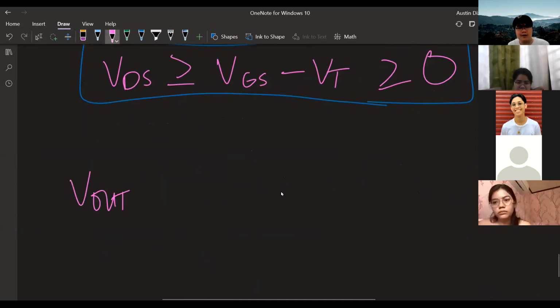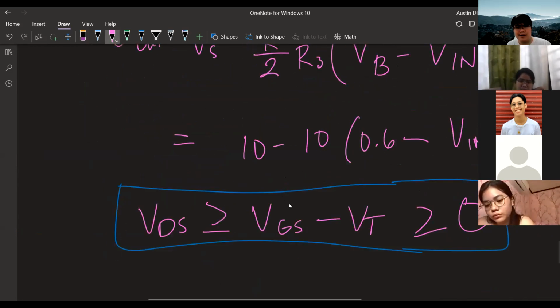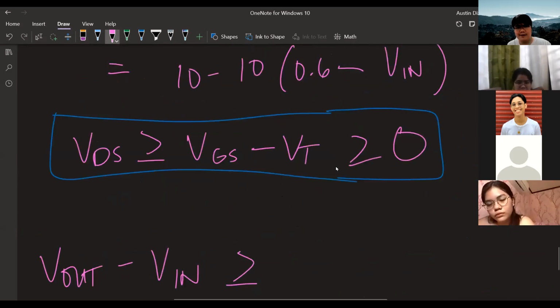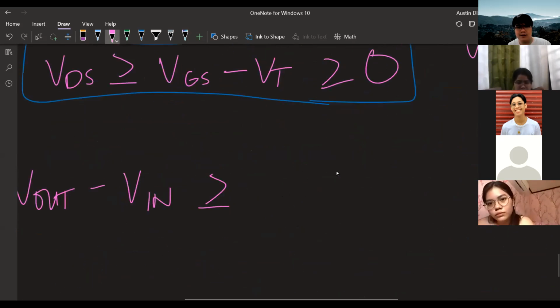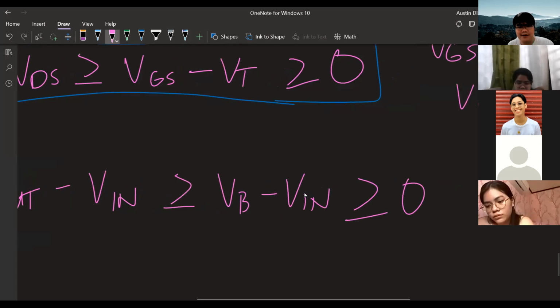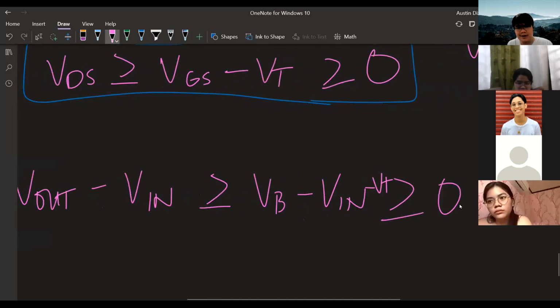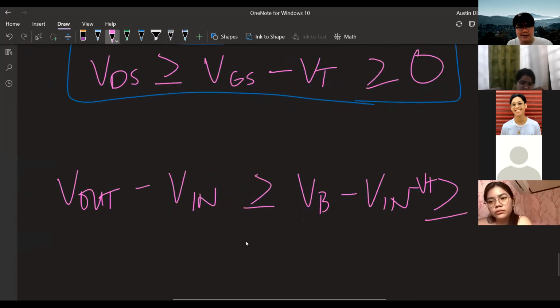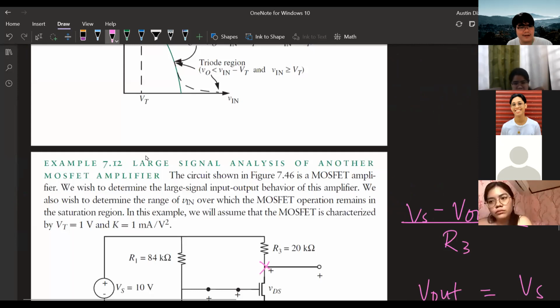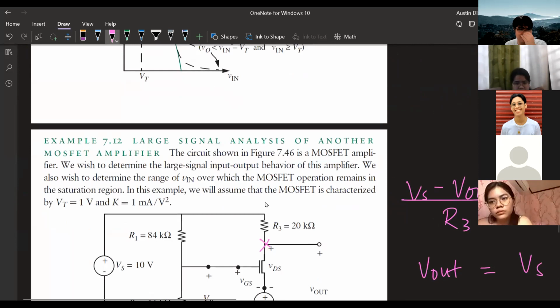Greater than or equal to VGS, nakuha na natin to kanina, VB minus V in minus VT. And VB minus V in greater than 0. With this relationship, tinatanong sa atin kung ano raw yung ranges ng V in so that the MOSFET remains in the saturation region.